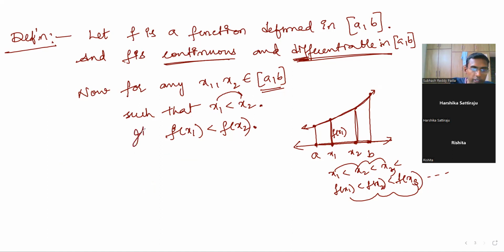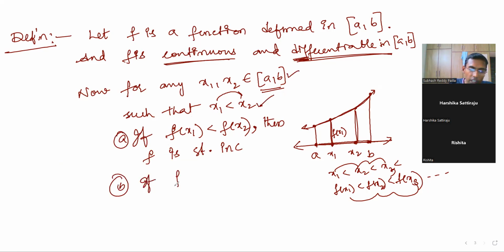If f of x1 is less than f of x2, then f is strictly increasing. You are clear with this? A, B. You understand? This is a condition, x1 is less than x2.